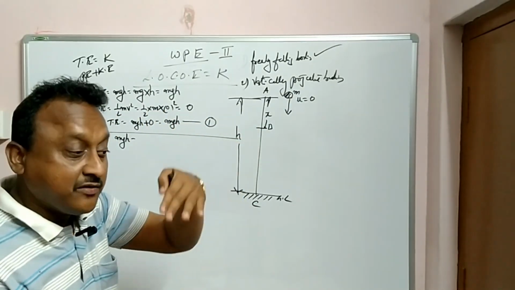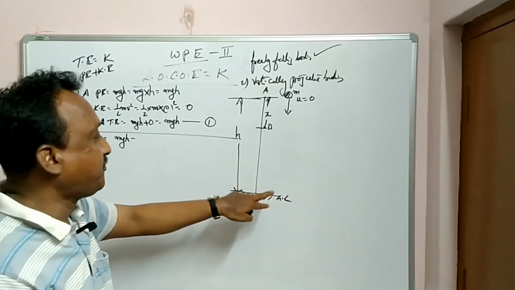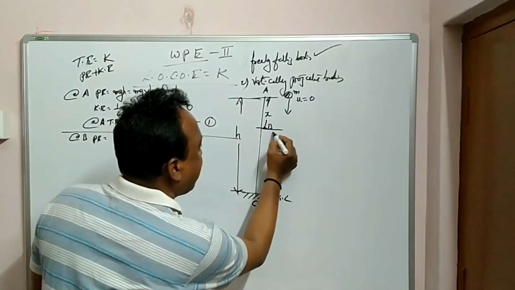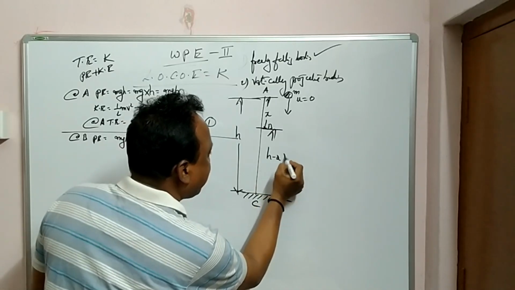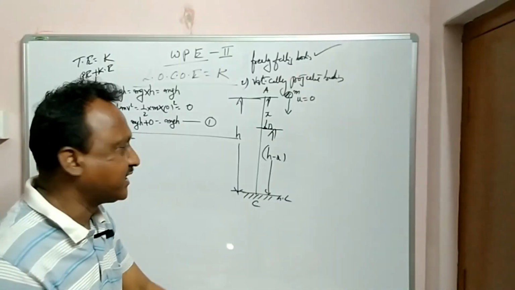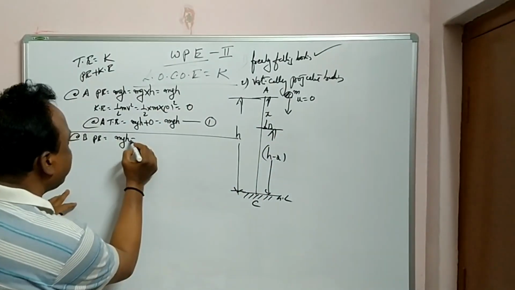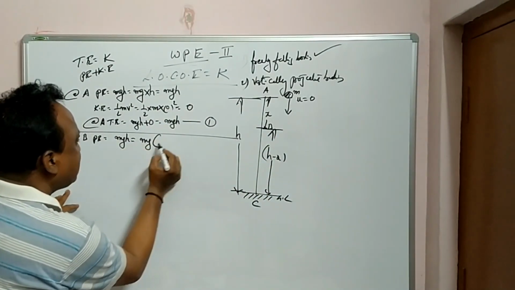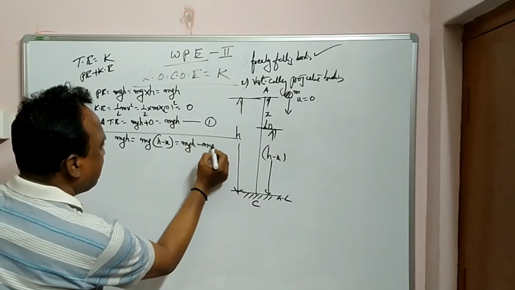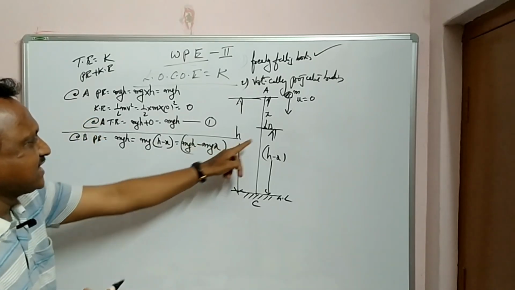Definition ఏం చెప్తుంది? With respect to center of mass, it is energy possessed by virtue of its state. అంటే ఈ హైట్ ఎంత అవుతుంది అప్పుడు మనకి? h minus x. సో ఈ హైట్ with reference to ground level to take always potential. So mg into h minus x, that is equal to mgh minus mgx. This is PE at B.